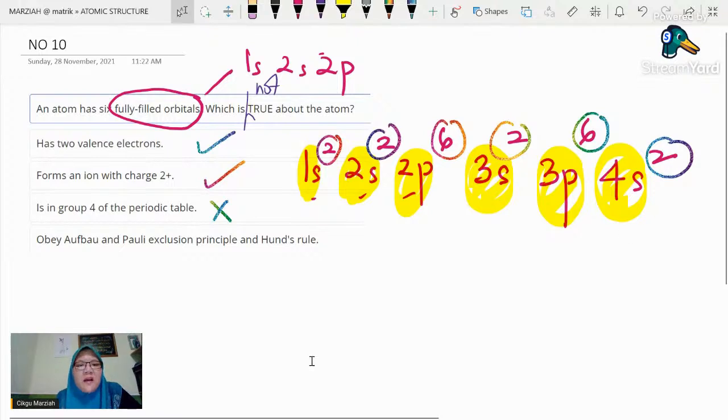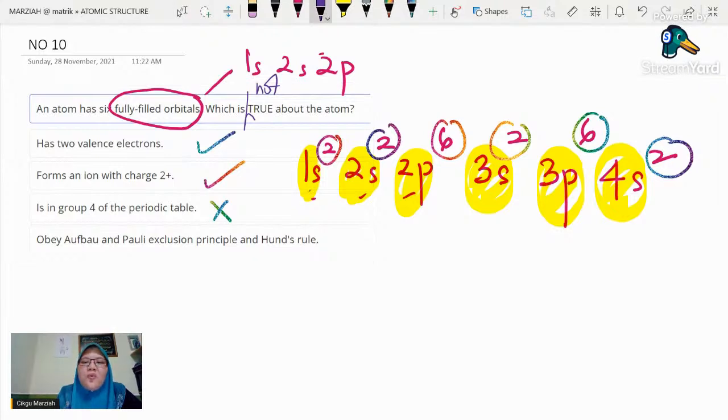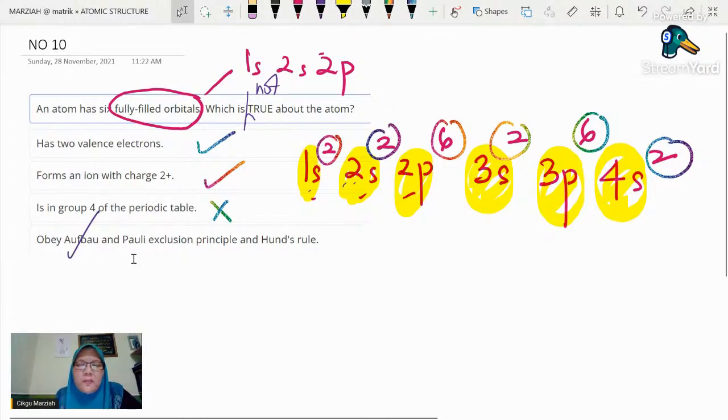Okay. Obey the Aufbau, Pauli and Hund's rule. Okay, macam ni. Masa you isi 1s dulu penuh, pergi ke 2s. 2s penuh, pergi ke 2p. Ikut susunan ni, dia dah obey Aufbau. Okay. Pauli pula, so kalau kita tengok, Hund mestilah dia isi singly and then dia telah penuhkan. Okay, maknanya kalau dah semua dah penuh ni, dia dah ikutlah tu Aufbau, Pauli and Hund's rule.